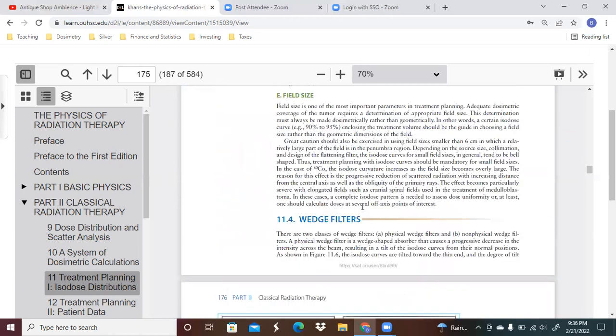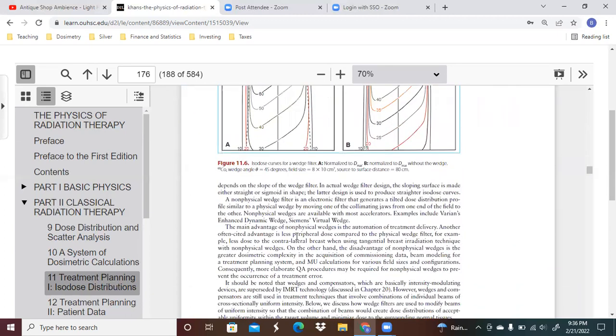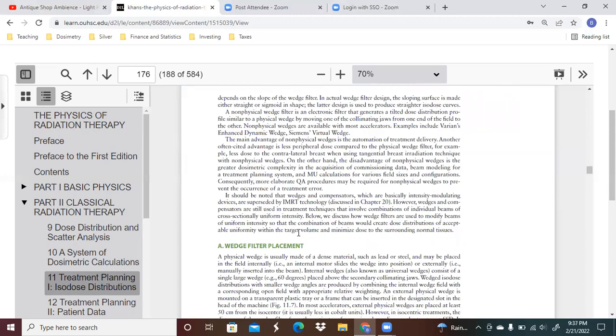The other type of wedge that we have there, you can have the physical wedges, which indeed just look like metal wedges that you put on a plate that you put in the beam. Now, with a lot of those, particularly a universal wedge, you have to watch to make sure that your field size isn't going above and beyond what those physical wedges have in terms of their coverage of the plate, because if you go too big, you'll start to have the sides there that won't have that same effect.